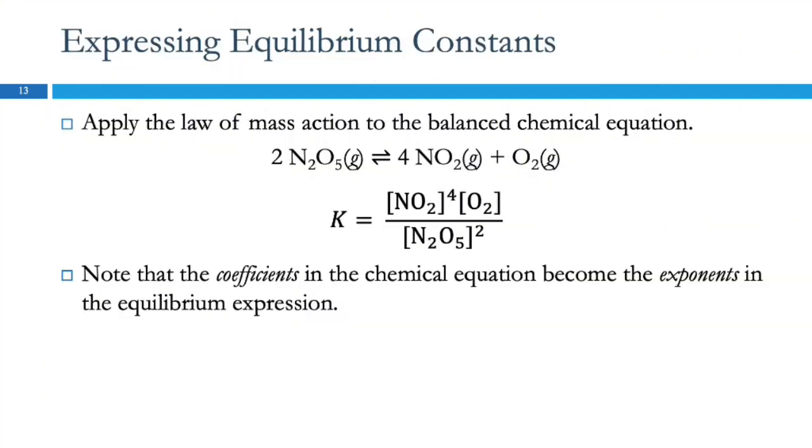So, applying the law of mass action to a balanced chemical equation. Here we have a chemical reaction, and so K is equal to the concentration of the products, NO2 raised to the fourth power, times the concentration of oxygen, divided by the reactants, here N2O5, squared because it has a coefficient of 2. Okay, so the coefficients become the exponents.